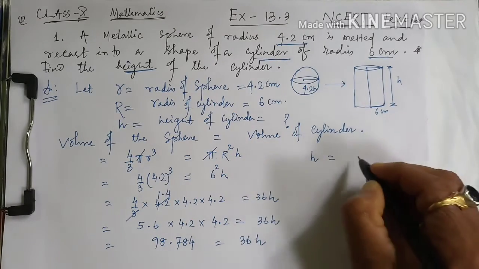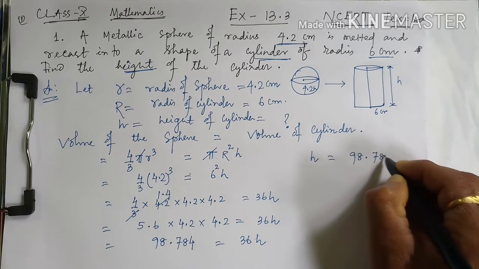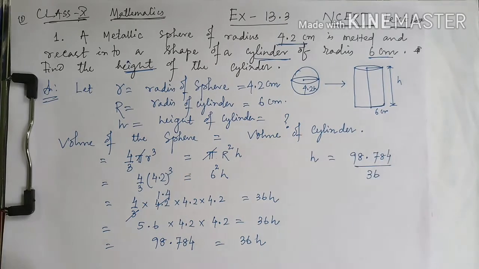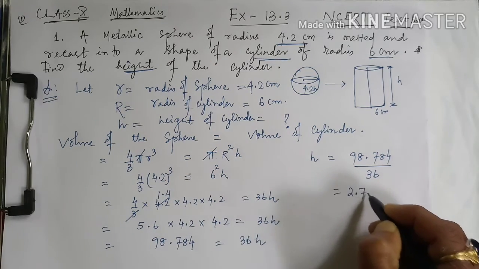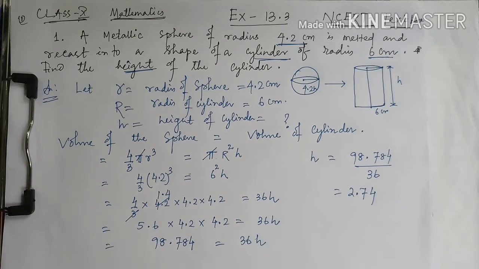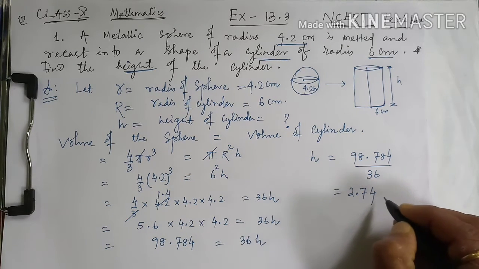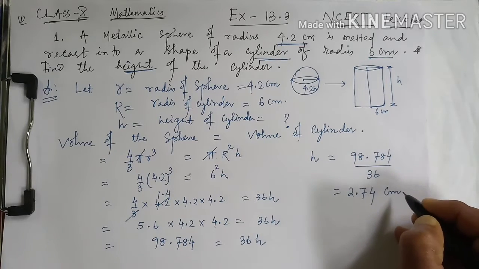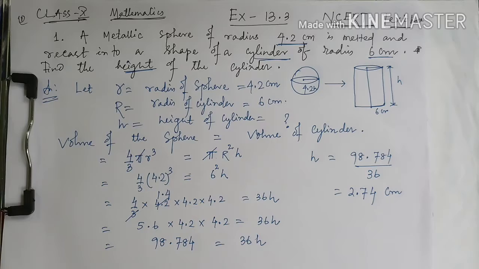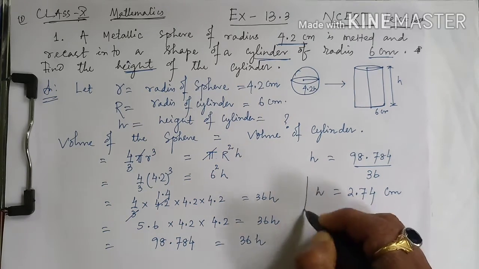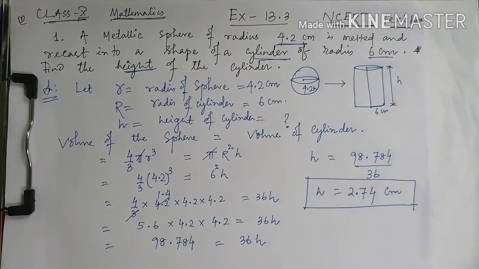We want h, which equals 98.784 divided by 36, that is 2.74 approximately. So students, as it is a long calculation, you can write the decimal up to 2 digits, 2.74 centimeter, clear. So this is the height of the cylinder, which was our question.